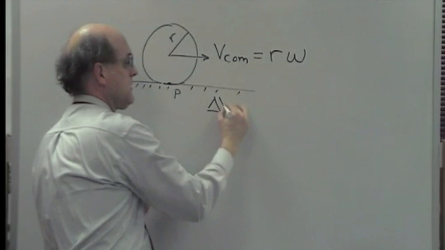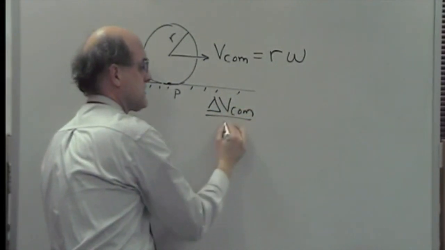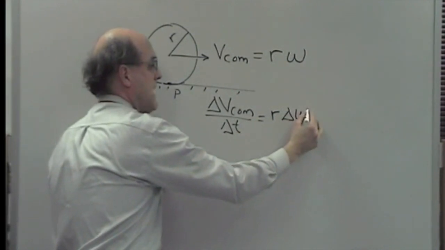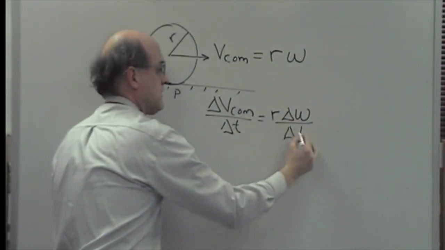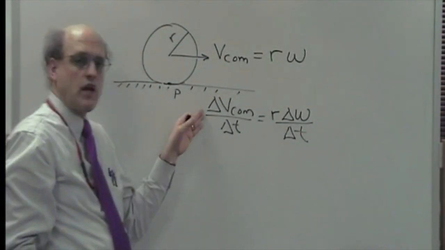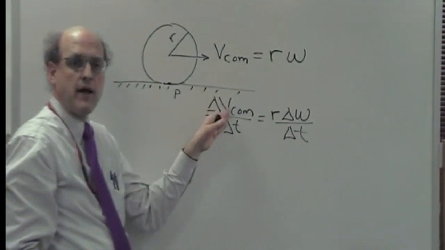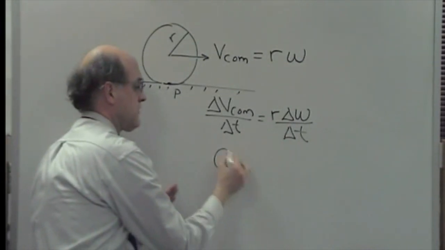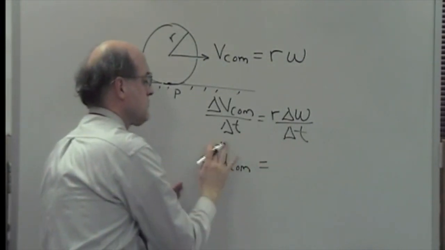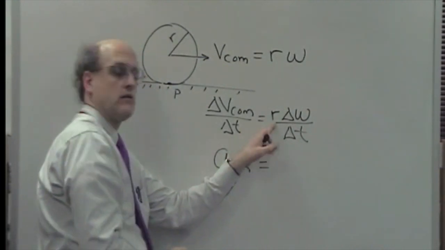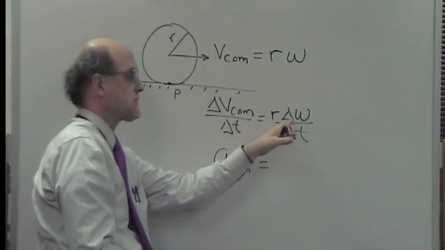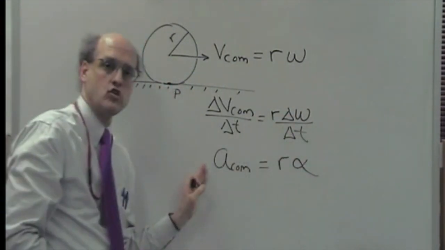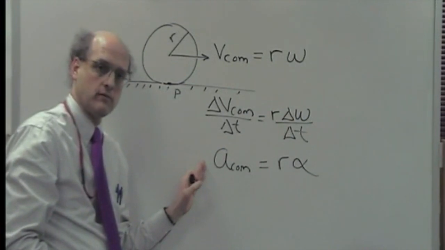So we have delta VCOM over delta T is equal to R times delta omega over delta T. So the change in the velocity of the center of mass with respect to time, or the acceleration of the center of mass, is equal to the radius of the wheel times alpha. This is only true when there's no slipping.